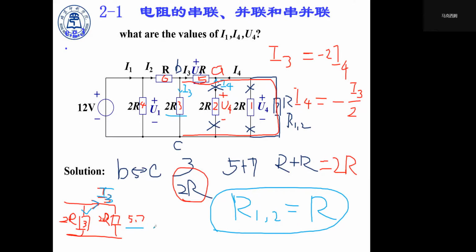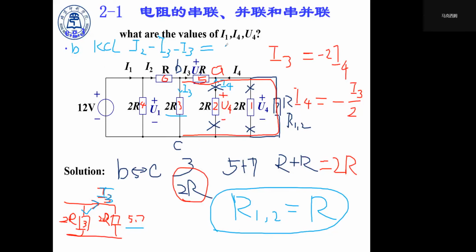And we know that I2 and two I3 currents come into one junction point B. So for point B, we apply KCL. I2 flows into point B, and I3 flows out, and another I3 flows out.